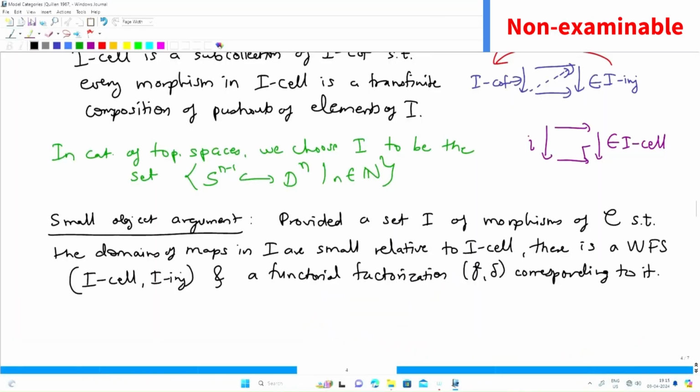Okay, so this I is called the set of generating cofibrations, and J is the set of generating trivial cofibrations. And then you generate a model structure out of this. Okay, let's end it here. If you are interested, then please study model categories. You can do very good abstract homotopy theory in settings that you never imagined with this.